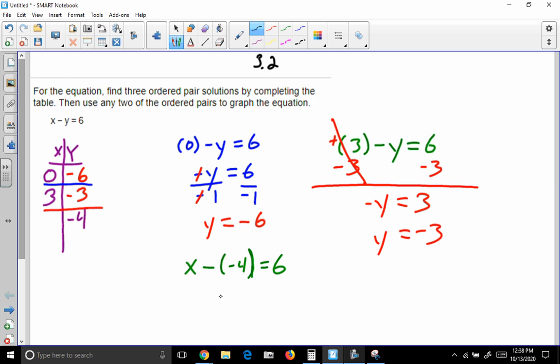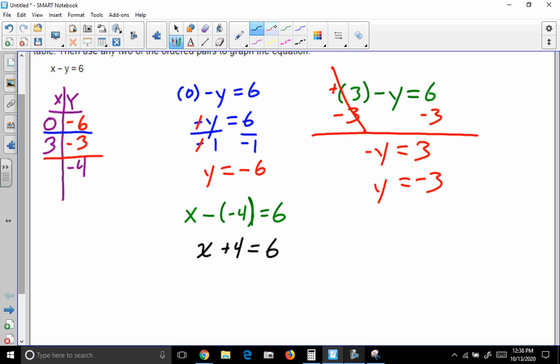So minus a negative, we'll change that to a +4. If we want to get x by itself, we do the opposite of 4, so we take away 4. 4 minus 4 is 0, so that leaves us with x. 6 minus 4 is 2. Y is negative 4. It goes with an x of 2.